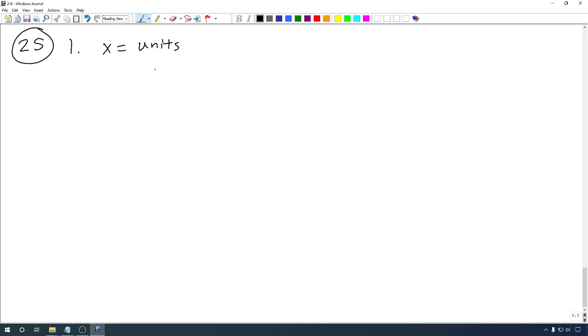That's already in the problem. And then we have various things that do depend on x. For instance, they gave us some formula for P. P here is our price. They also gave us a cost function. So we have a C.